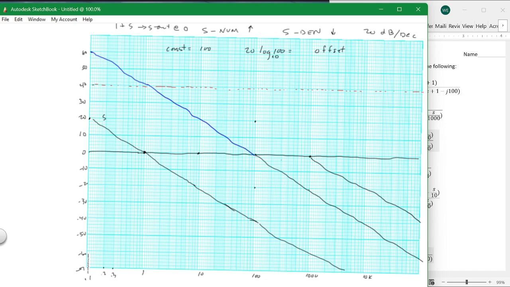And what does it do at this point? It starts going down at 40 dB per decade instead of 20 dB per decade. So at this point my line looks like this. And at this point, it starts an even steeper descent, and it goes off the graph like that. And there's your answer. This is what we're looking for right there.